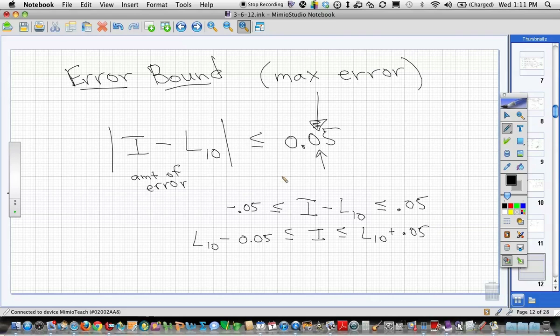Now, one of the things you have to understand as we go through the next 3 or 4 days is that with max error, or error bounds, there are good max errors and there are not so good max errors. For example, let me give you this example. I shouldn't say good or bad, I should say useful. More useful and less useful error bounds. If I said to you that the amount of money in my pocket right now is less than or equal to $10 million, that would be a bound.